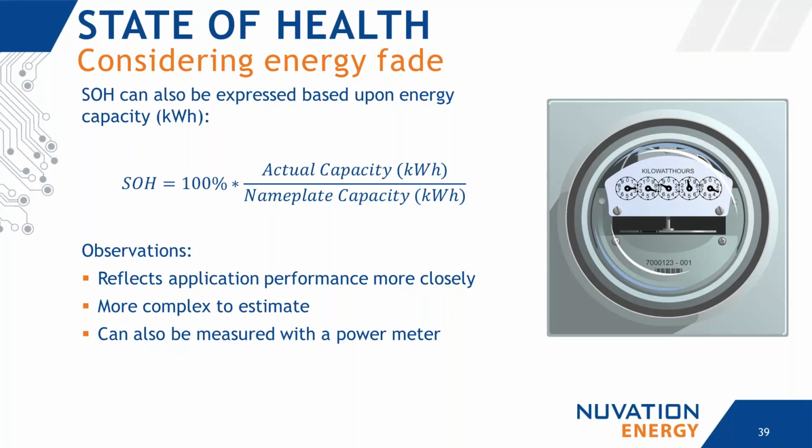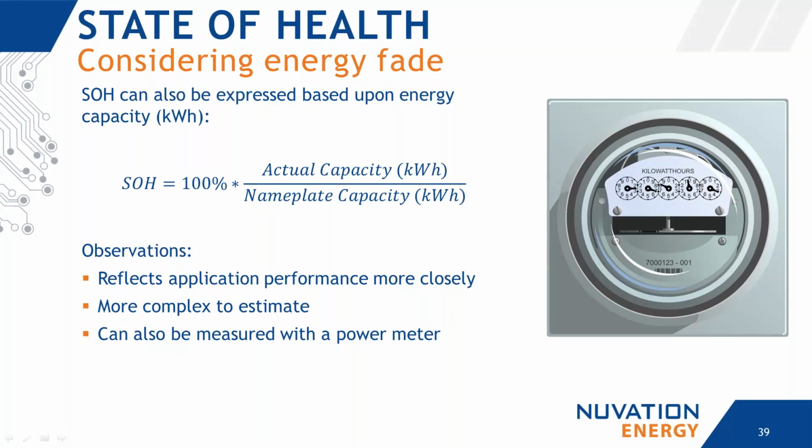Well, we can make a simple but subtle shift where basically we replace the actual capacity. Instead of using amp hours, we use kilowatt hours, and we take the nameplate capacity, and instead of using amp hours, we use kilowatt hours.